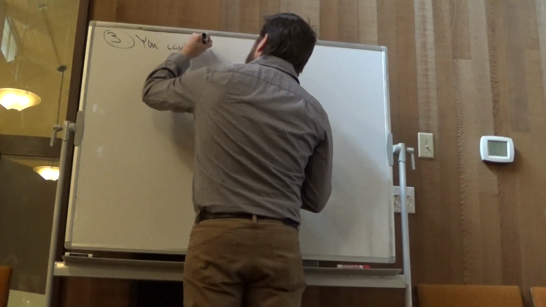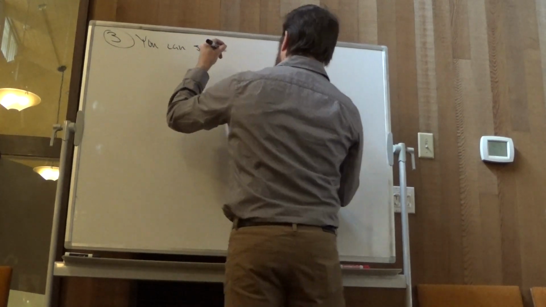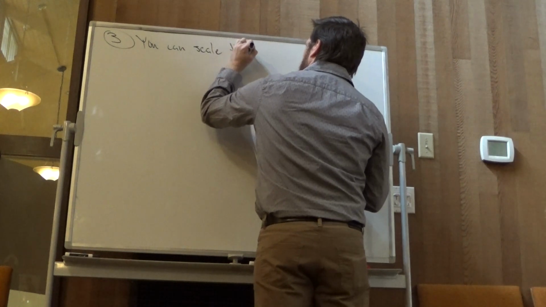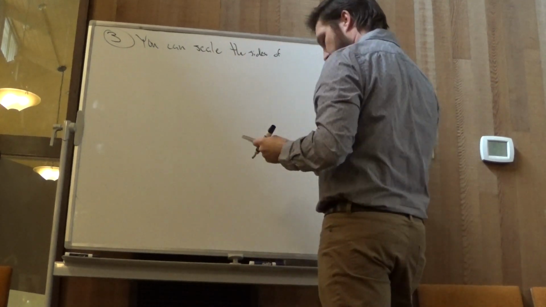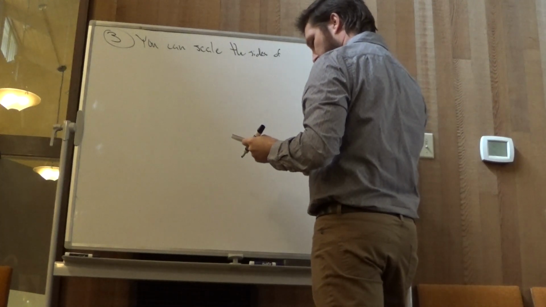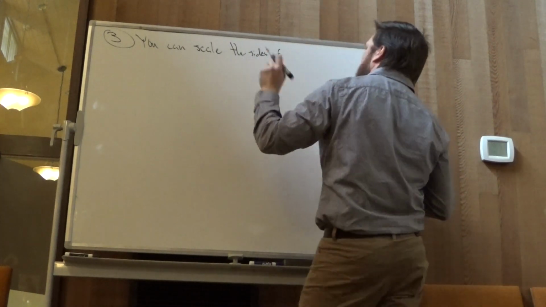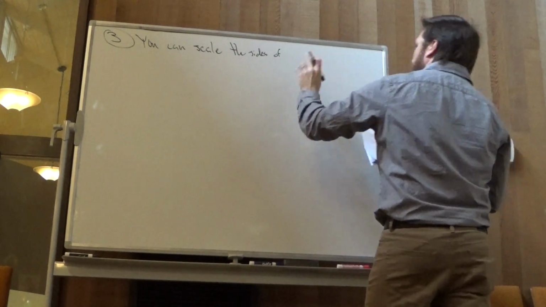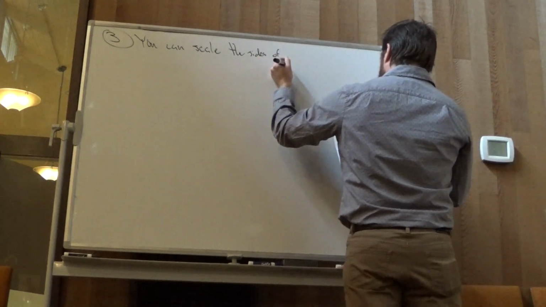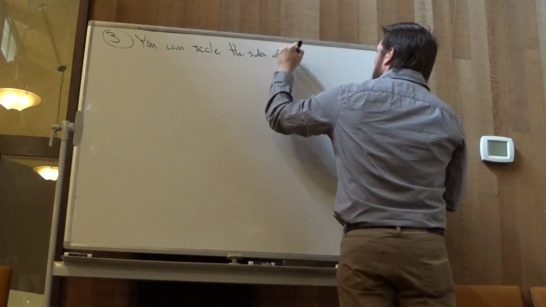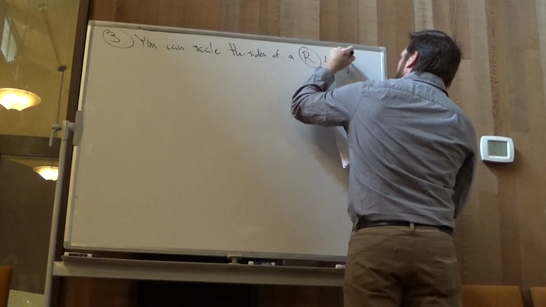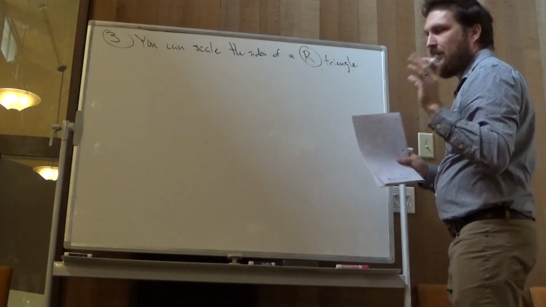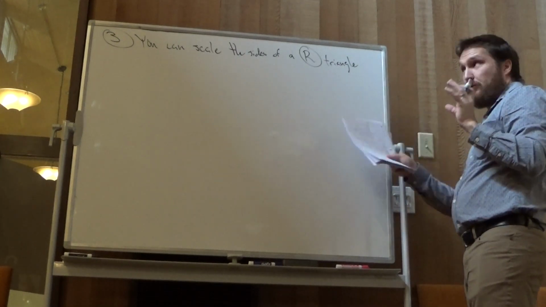You can scale the sides. Oh, wait. I'm sorry, there's another exercise I wanted to do, but I guess we'll get to it. You can scale the sides of a right triangle. And indeed, it's true for what I'm about to write.